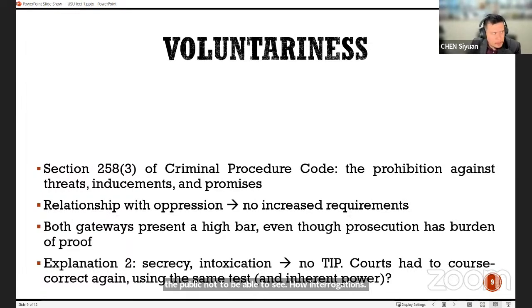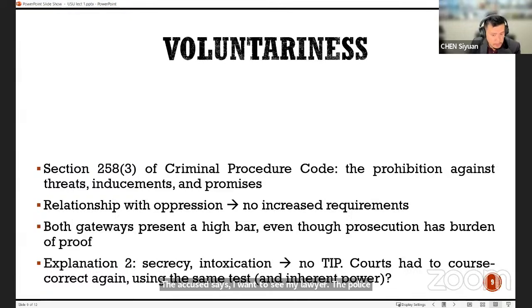Here's another interesting thing in the Criminal Procedure Code. Let's say the person interviewing the accused misleads the accused on the law. So for example, the accused says, I want to see my lawyer. And the police says, you don't have a right to a lawyer.